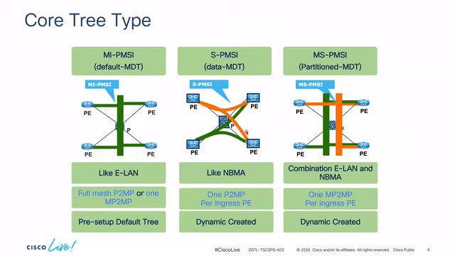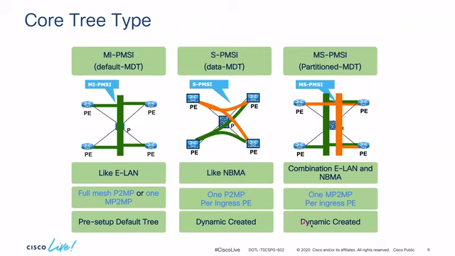Okay. And the third one is MS PMSI. So it's multi-directional and selective PMSI. Similarly, only those PEs who have an interested receiver will join this PMSI. So it is not a preset tree.